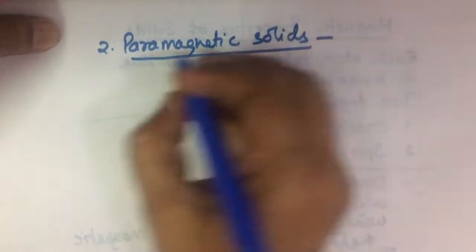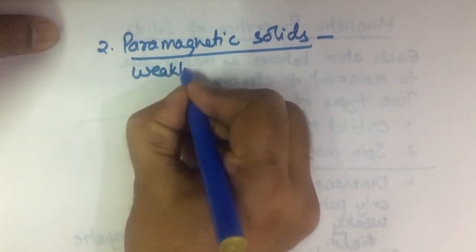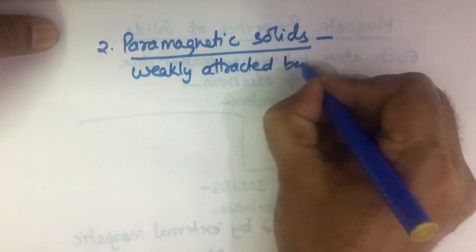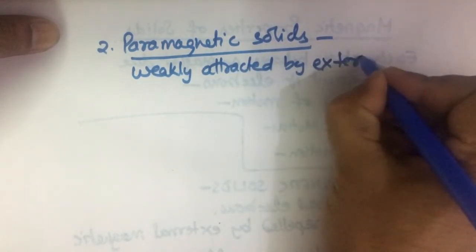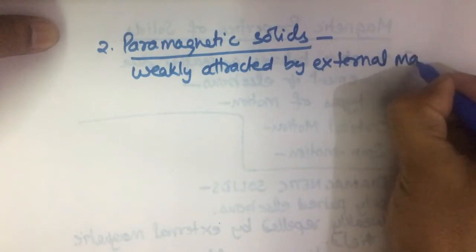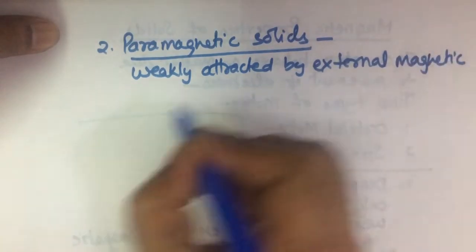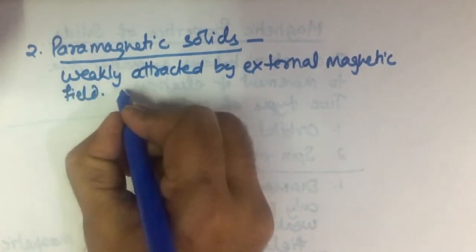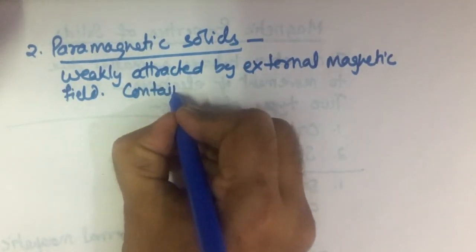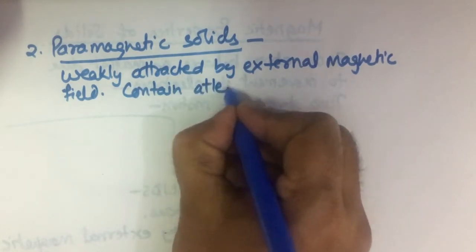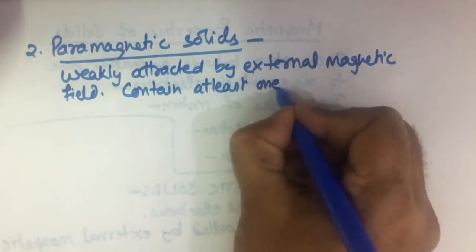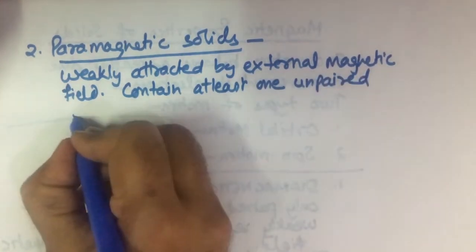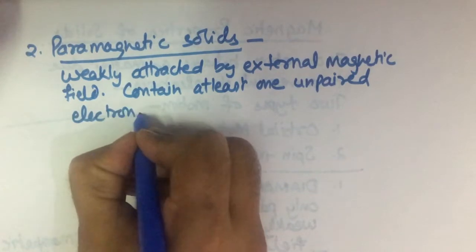Paramagnetic solids are weakly attracted by an external magnetic field and contain at least one unpaired electron.